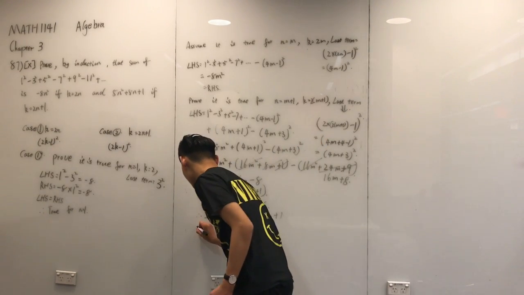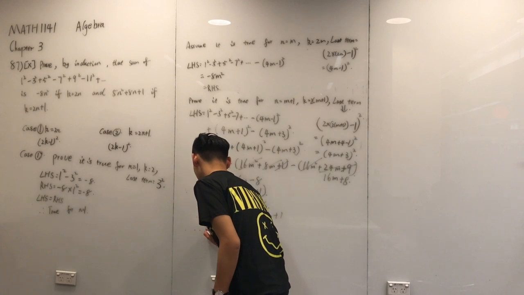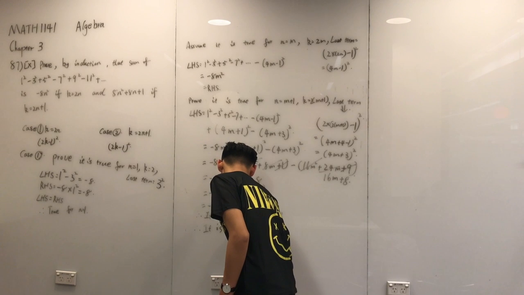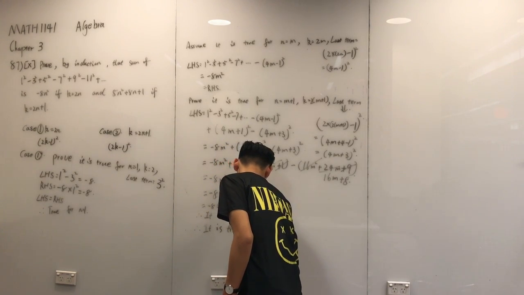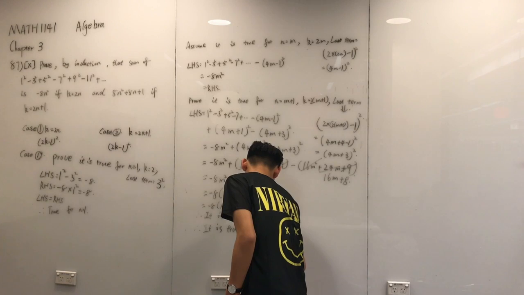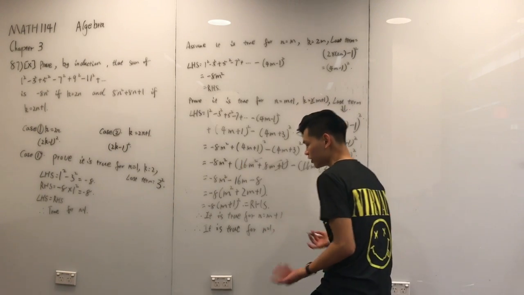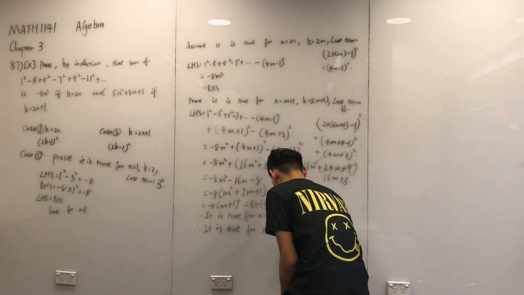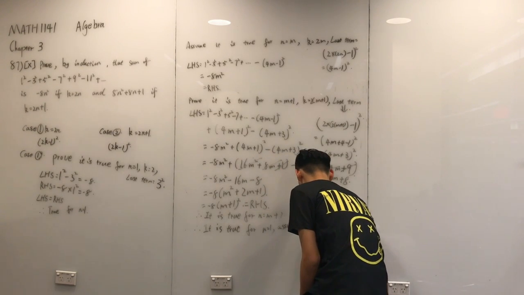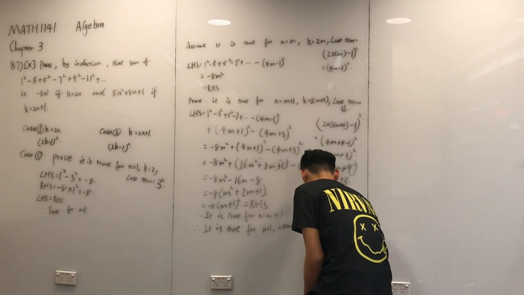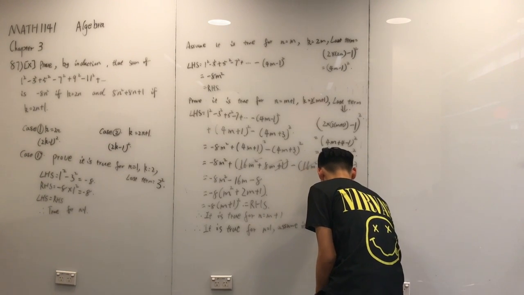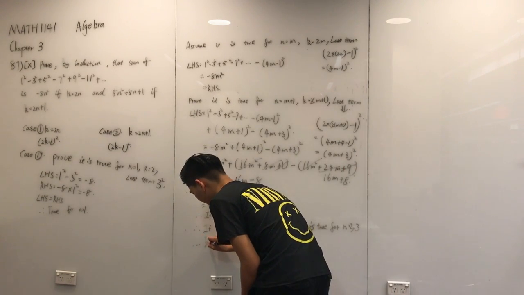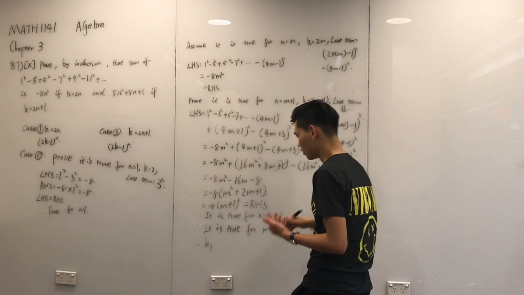So we can say, it is true for n equals 1. Assume it is true for n equals 2, n equals 3, and k, and we prove for m.